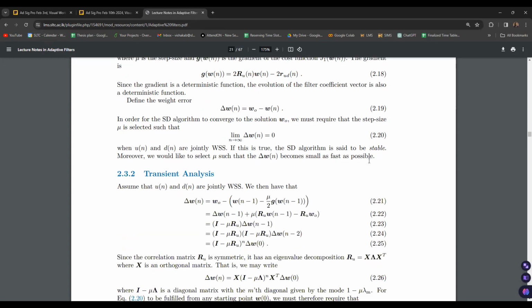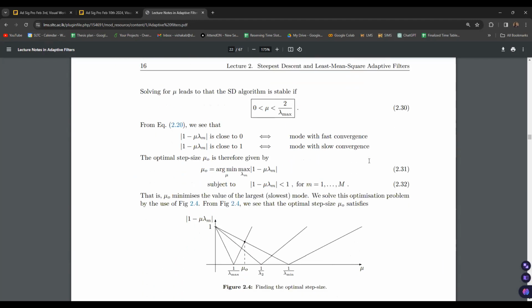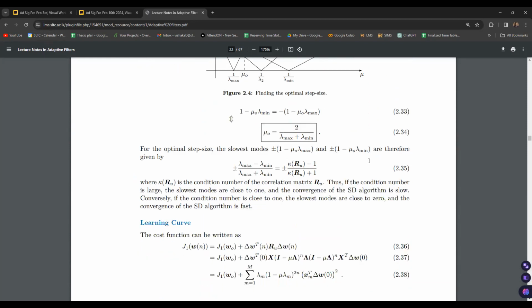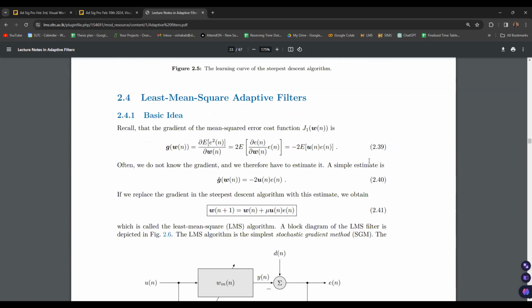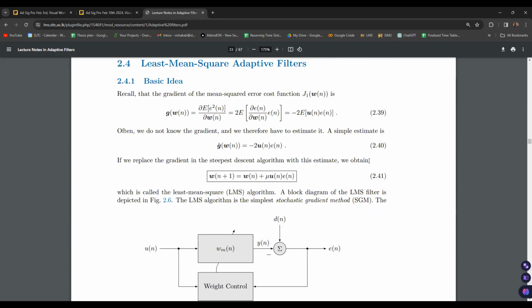The converging process is also something that we need to know, and some calculations must be done in order to find the values of mu and so on that will make the algorithm converge. Also, some aspects related to the least mean squares algorithm are given in here.